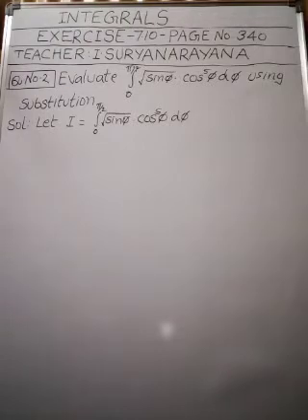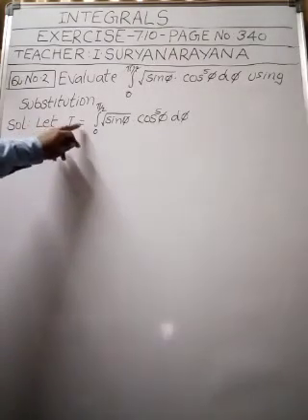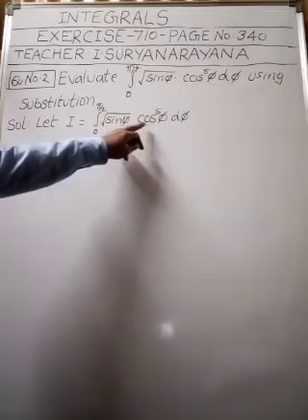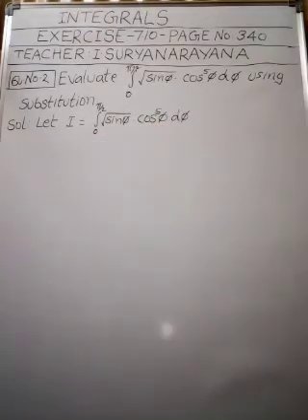Here I am following the second method, means I am changing the limits of the integral according to the new variable. Come to the solution part. Let I is equal to integral 0 to pi by 2 square root of sine phi into cos power 5 phi d phi.